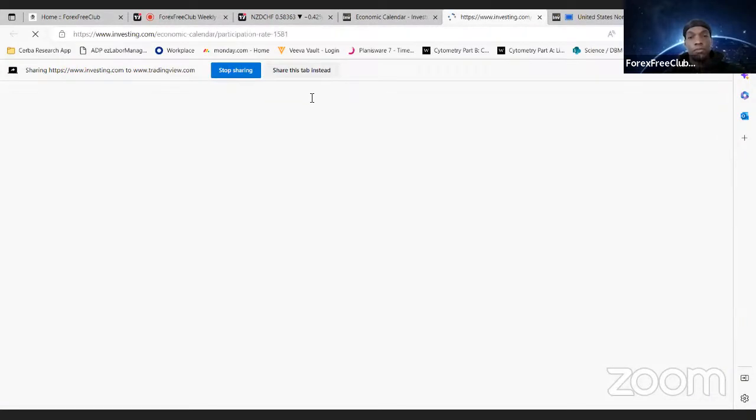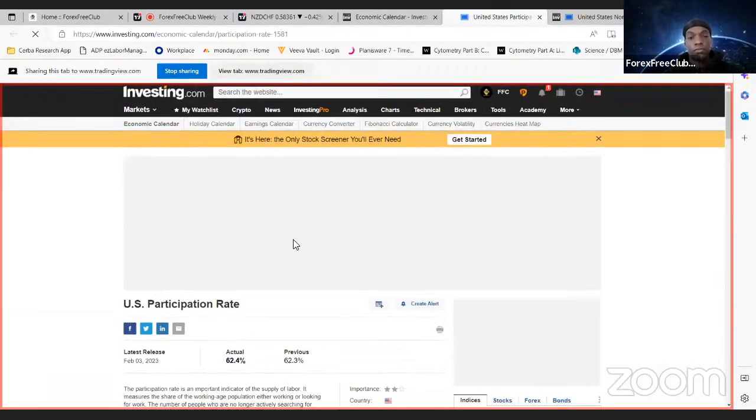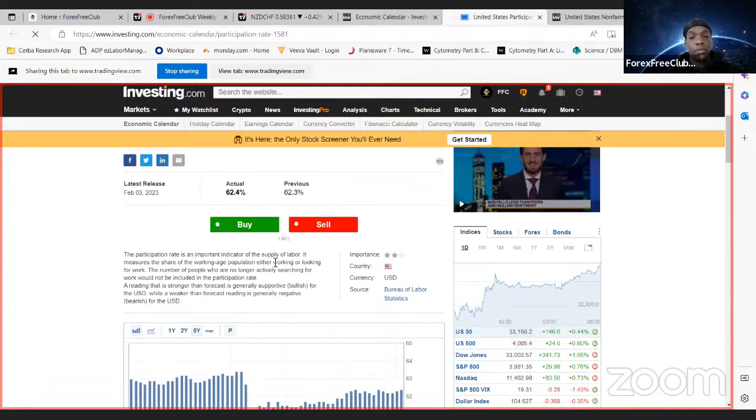Participation rate. Participation rate is an important indicator of the supply of labor. It measures the share of the working age population either working or looking for work. The number of people who are no longer actively searching for work would not be included in the participation rate.